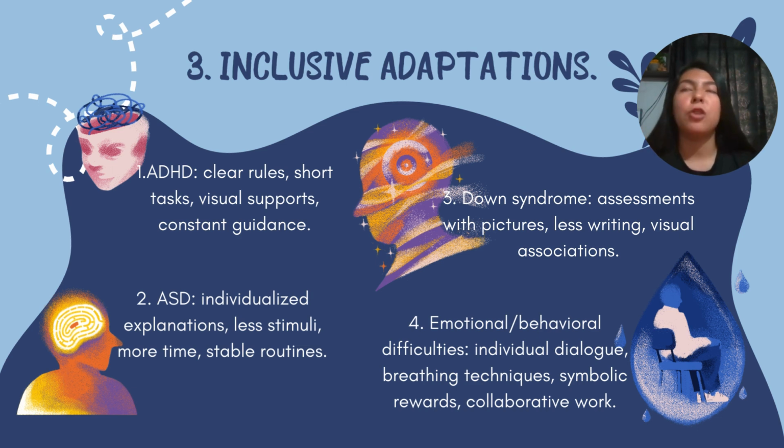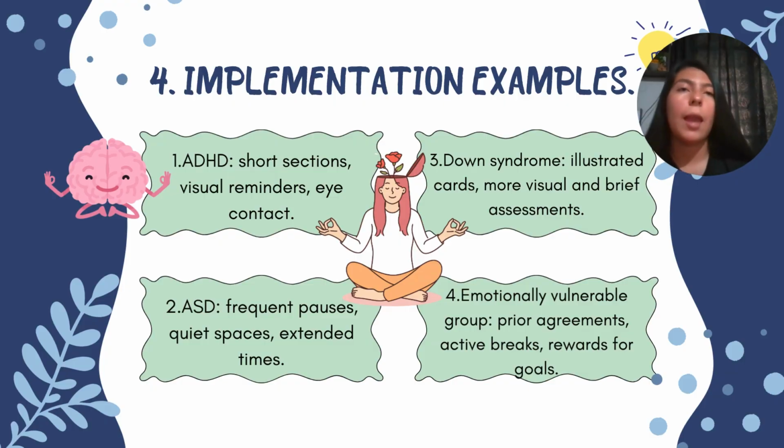About emotional or behavioral difficulties, I implement strategies like one-on-one talks before and after tests, symbolic rewards for task completion, breathing techniques to reduce stress, and group dynamics that foster collaboration and self-regulation.